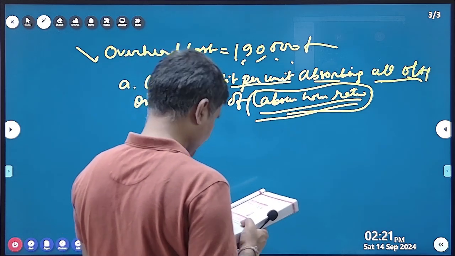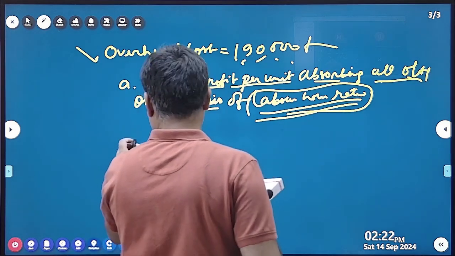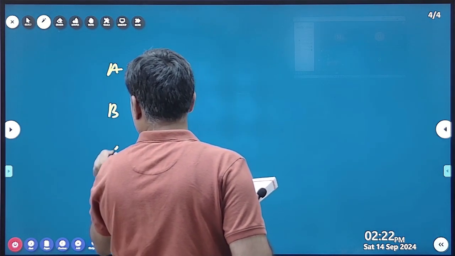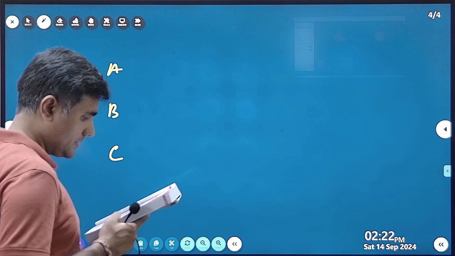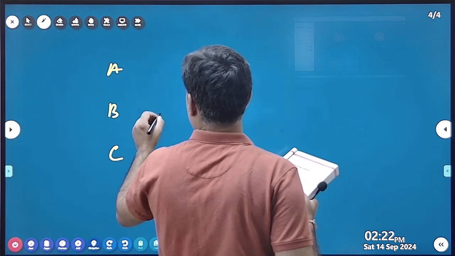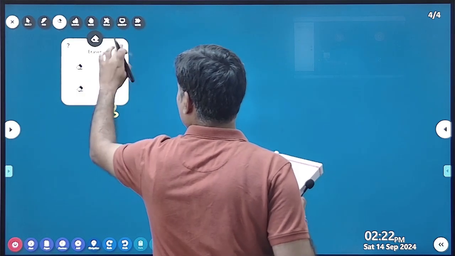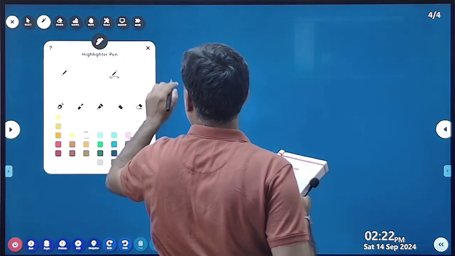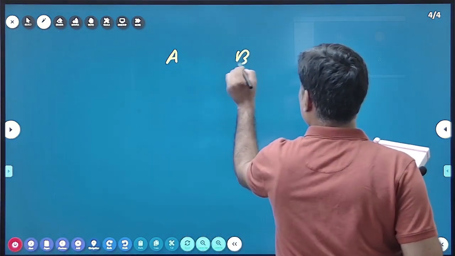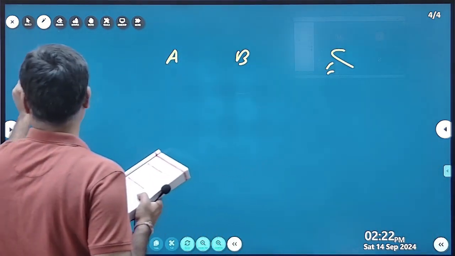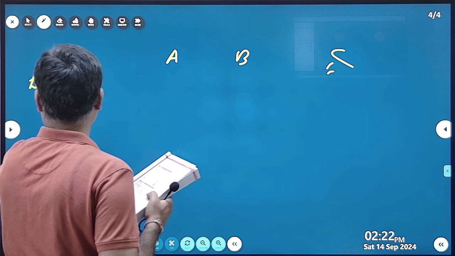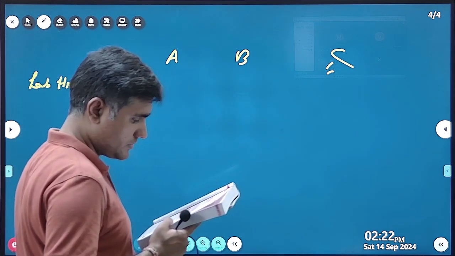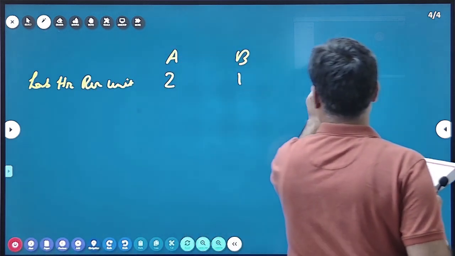Total labor hours for A, B, C. Labor hour per unit, how much? 2 hour, 1 hour, 1 hour.